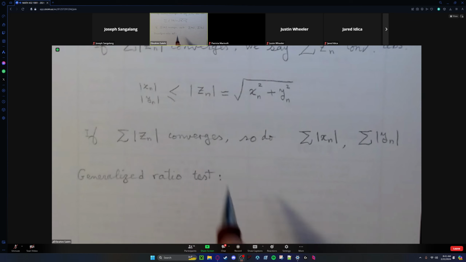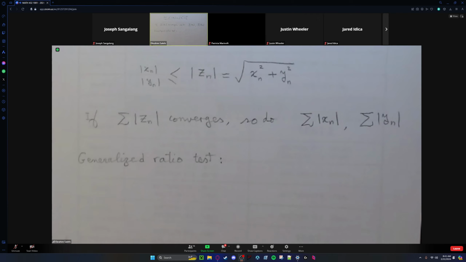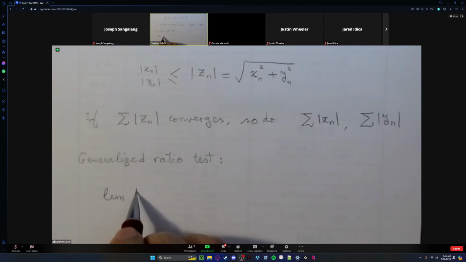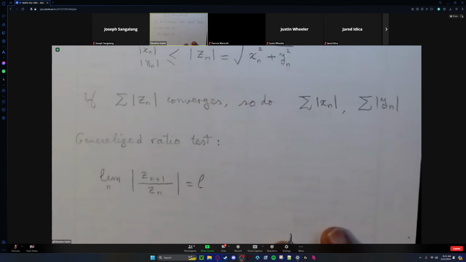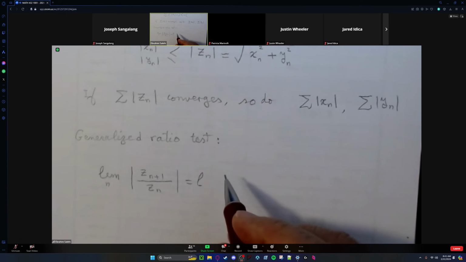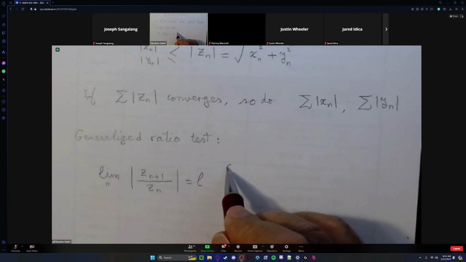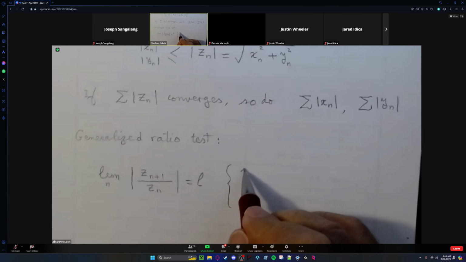What is the generalized ratio test? You take the ratio of the modulus of Zn plus 1 over Zn, and suppose the limit exists and is L. Several things can happen. L can be less than 1.